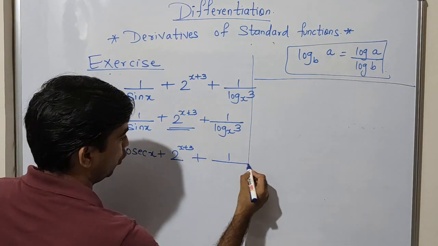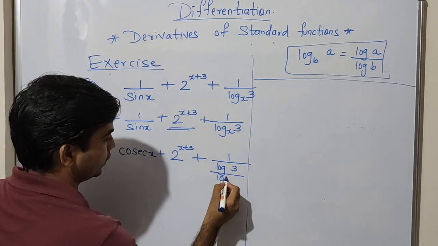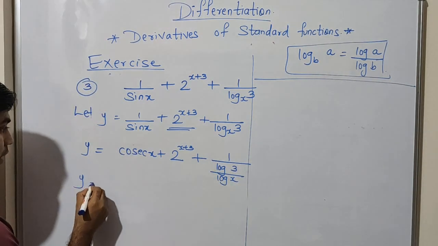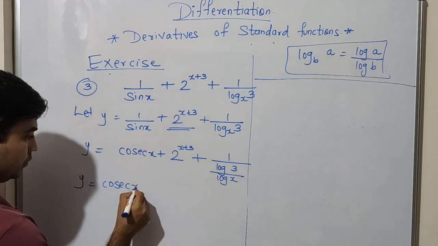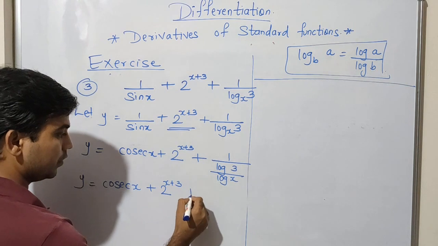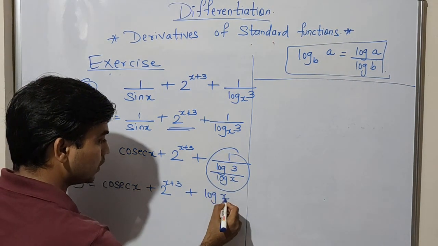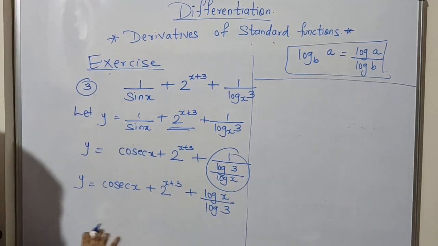So this is 1 upon log 3 upon log x. We can simplify it further. So what is y? Cosec x plus 2 raised to x plus 3 plus log of x upon log 3. Now it has been simplified.